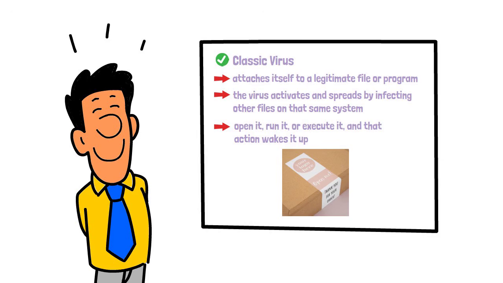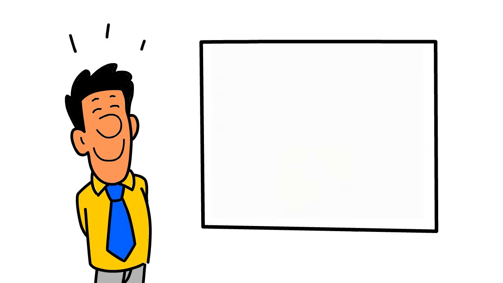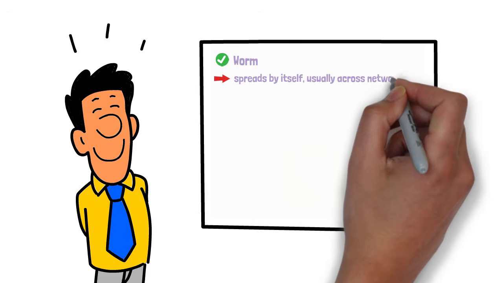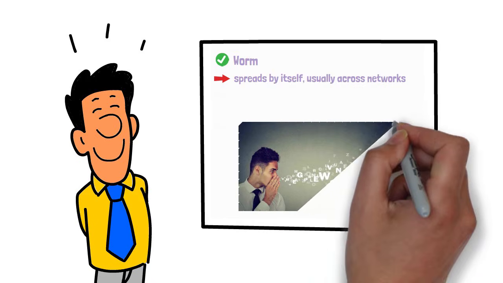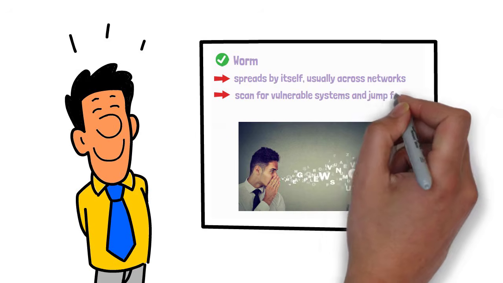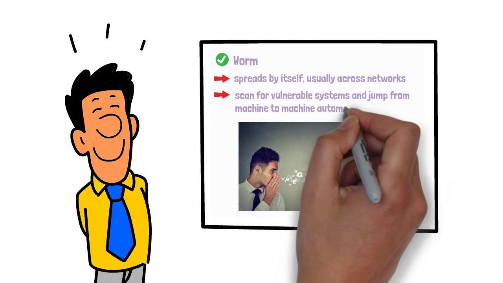If a virus needs a host file, the next one is the opposite. It travels without a host. A worm spreads by itself, usually across a network. Picture a rumor in a school that spreads without anyone installing it. Worms scan for vulnerable systems and jump from machine to machine automatically.